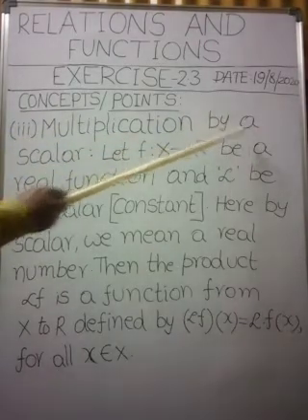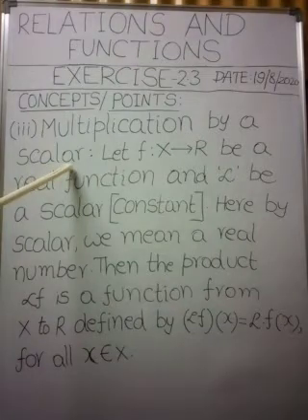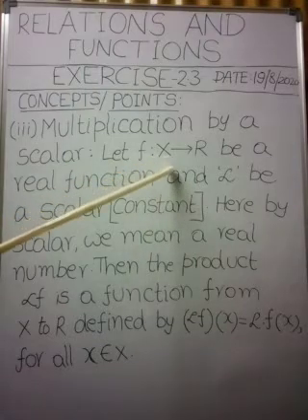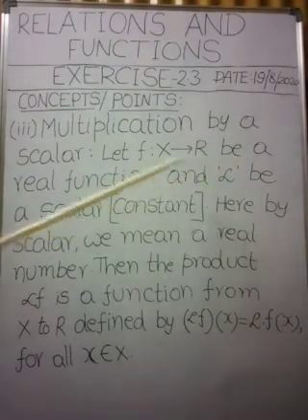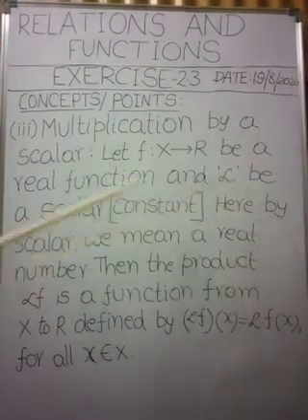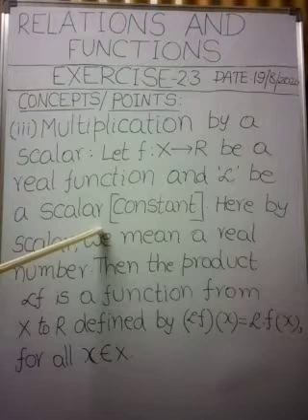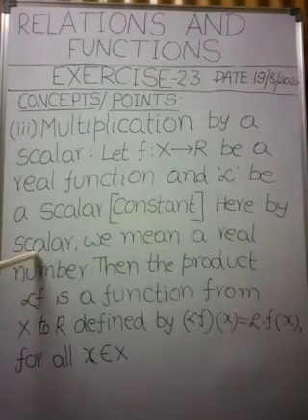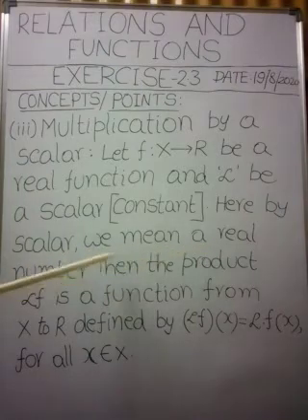Now come to the next point, that is multiplication by a scalar. Here we are multiplying a function by a scalar. Let f be a mapping from X to R, a real function, and alpha be a scalar. Scalar means constant, a real number.